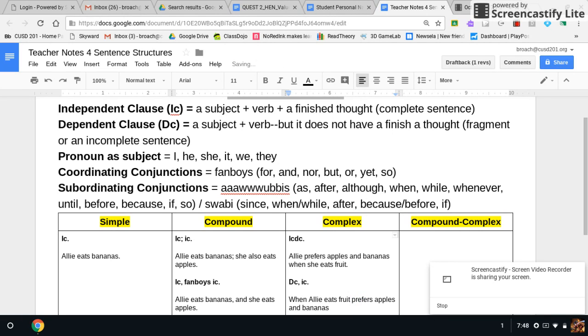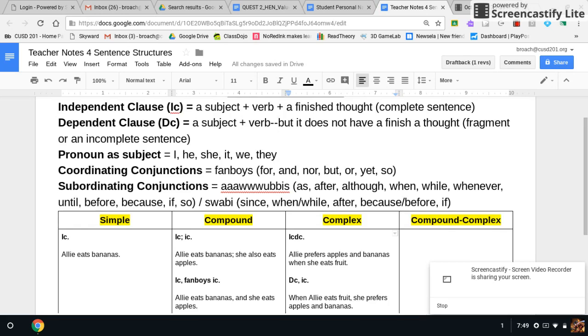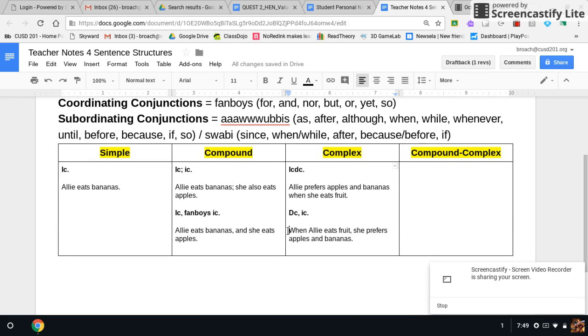So when Allie eats fruit, comma, she prefers apples and bananas, period. Okay? So that's your complex sentence structure: IC-DC period or DC, comma, IC. Anytime you start your sentence with one of the Swabi or Awubis words, anytime you start with a subordinating conjunction, you need a comma after that clause.